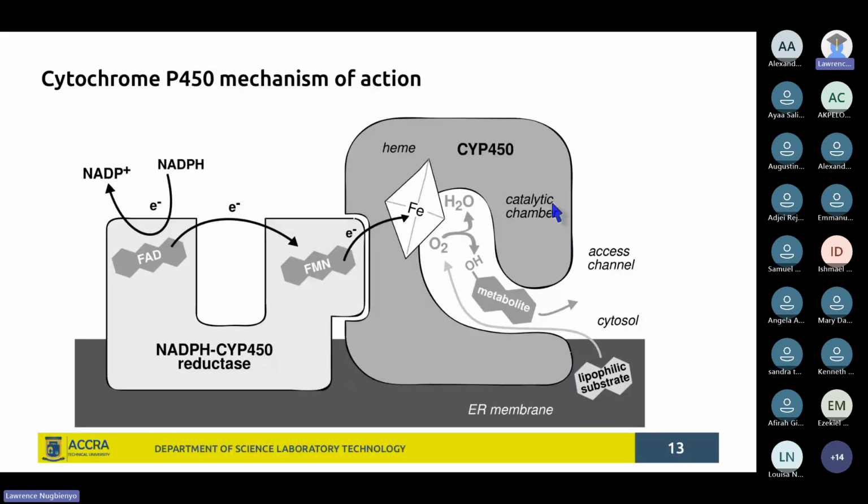So you see here, ER membrane means endoplasmic reticulum membrane. Inside the endoplasmic reticulum membrane, you have the cytochrome P450 enzyme complex. This is an example of a cytochrome P450 enzyme complex with some NADPH cytochrome P450 reductase.